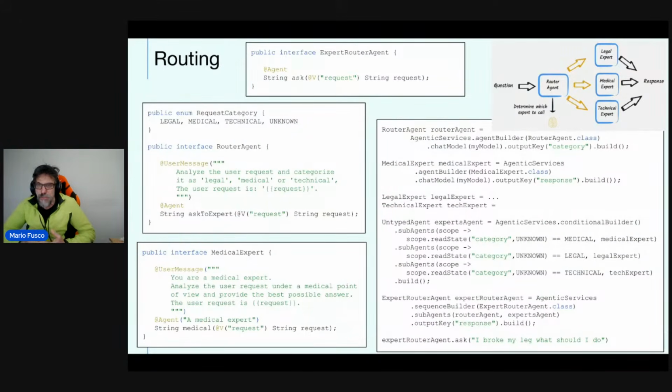So I have one agent that simply decides which is the topic of the question, and then based on the categorization made by the first agent, I have this conditional routing that, based on whether the category is medical, legal, or technical, decides to invoke the corresponding expert. Okay, so this is another quite typical workflow pattern.